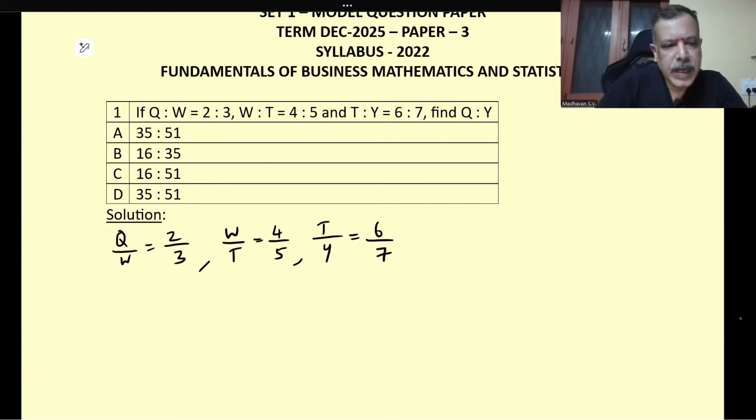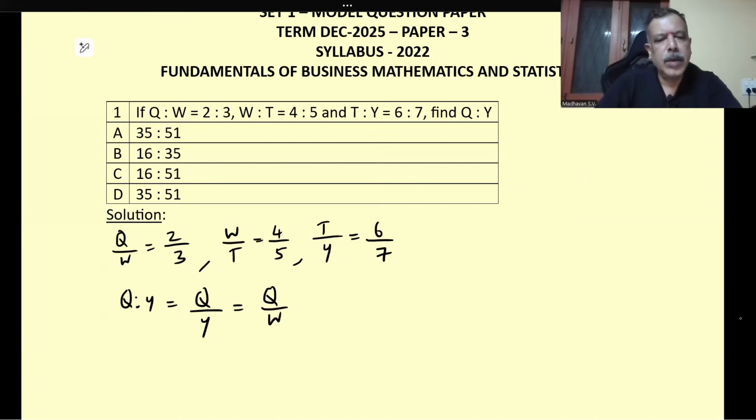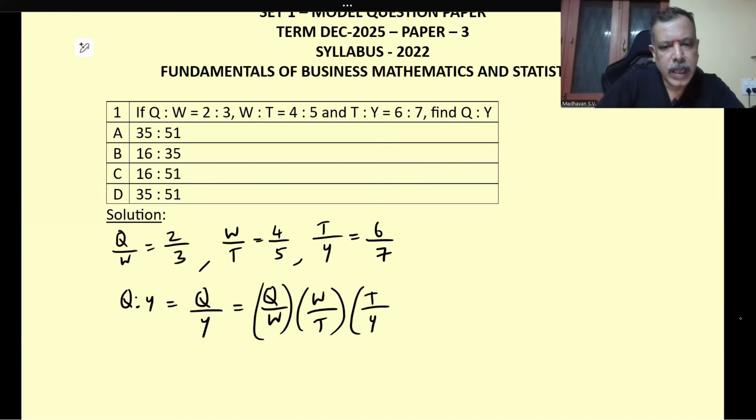We are supposed to find Q is to Y, that is nothing but Q by Y. So one thing is very clear: Q will come in the numerator. So first I will write Q by W. We don't want W, that has to get cancelled, so I will multiply this by W by T. I don't want T, that has to be cancelled, that means I will multiply that by T by Y.